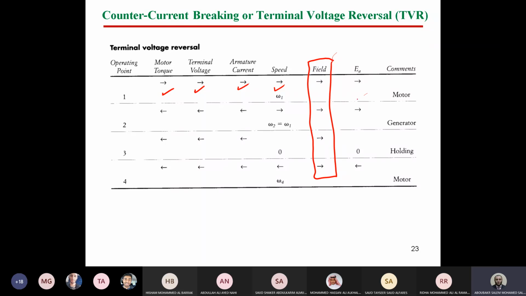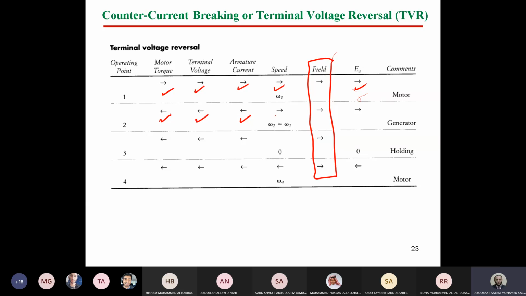Based on that, guys, you will find in motoring E is positive. However, if we go to mode number 2, which is regenerative, you will find that the motor torque is reversed in negative sign. Terminal voltage is also reversed. The armature current is reversed.